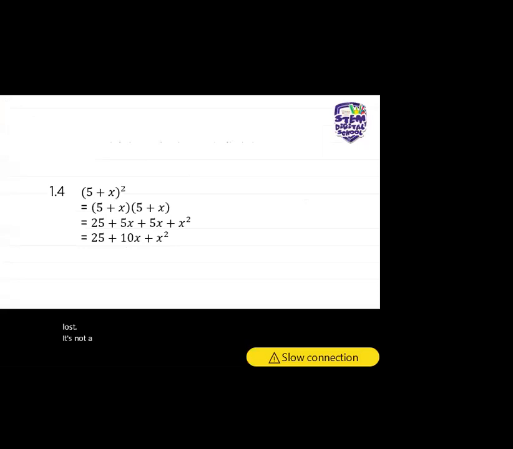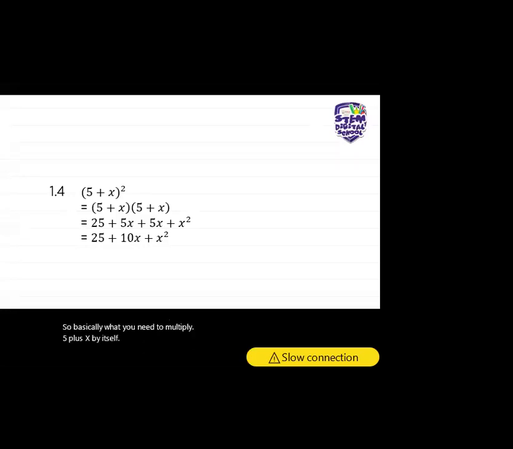What you simply do is write this bracket twice. 5 plus x, that bracket squared, means you are just multiplying 5 plus x by itself, as you can see in the equation.